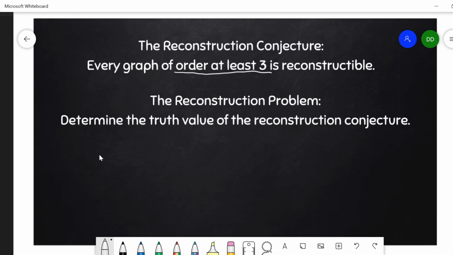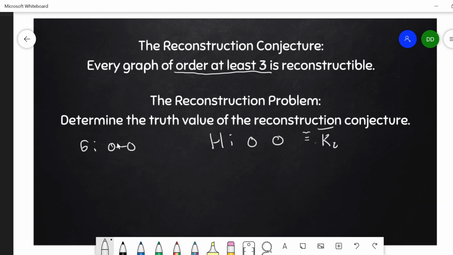Well, I can think of 2 graphs of order 2 that are not reconstructible. So what does it mean to be not reconstructible? It means there are 2 graphs that have the same list of vertex deleted subgraphs. I'll use the same notation as before. I'll let G be K2, and I'll let H be the empty graph, K2 complement.